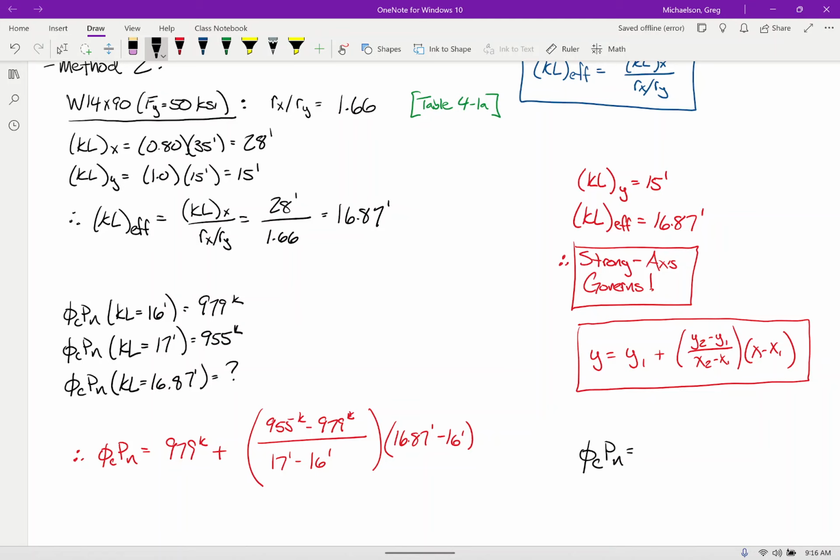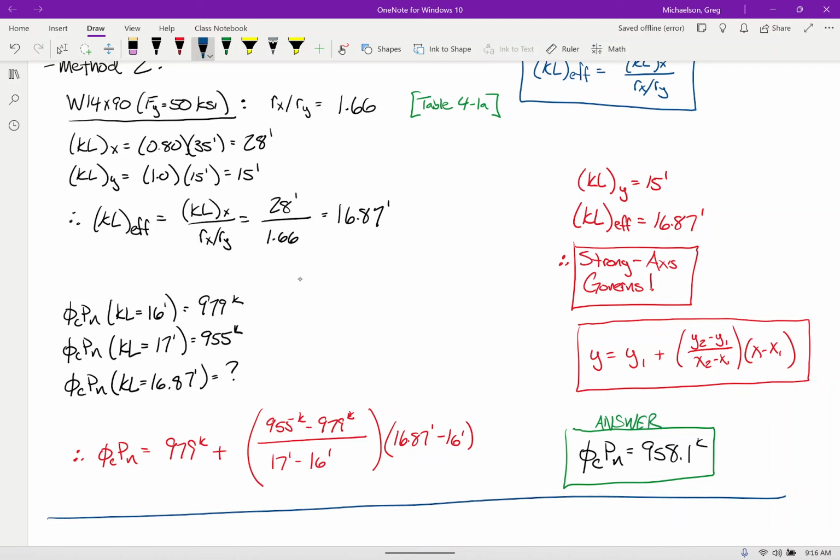But I mean, that's basically what I'm doing. Okay, say it again. 958.12. We'll say 958.1. Just keep it simple. What did we get before? 958. And so we got 958.1. Where's the difference come from? Just rounding and the interpolation.